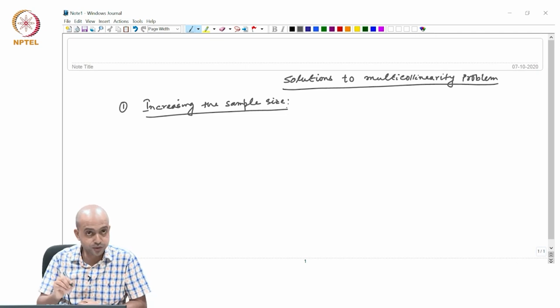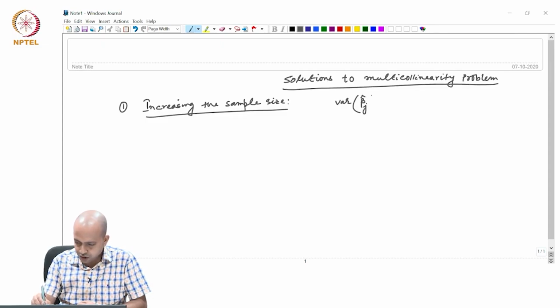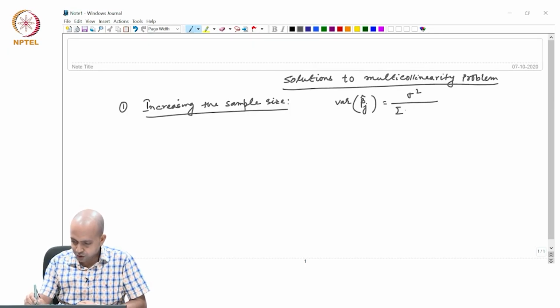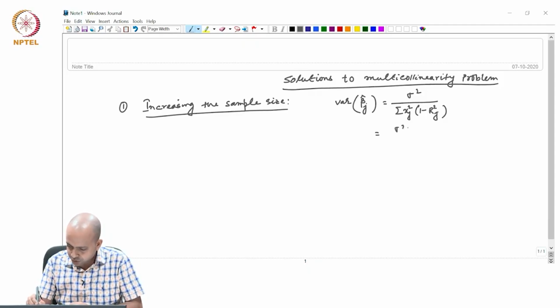And what basically happens if you increase the sample size? If you look at the variance of beta hat j, it equals sigma square divided by summation x j square into 1 minus r square j. That means sigma square divided by summation x j square, into 1 by 1 minus r square j.